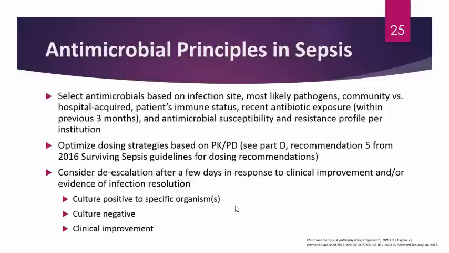So for example, for a patient who has an E. coli and you have them on meropenem and the cultures come back and it's susceptible to something like ceftriaxone, potentially changing that meropenem to ceftriaxone, if that's your only infection, may be an appropriate recommendation. If your patient is culture negative and also has clinical improvement, that may be an indication to either de-escalate antibiotics or to potentially discontinue antibiotics.